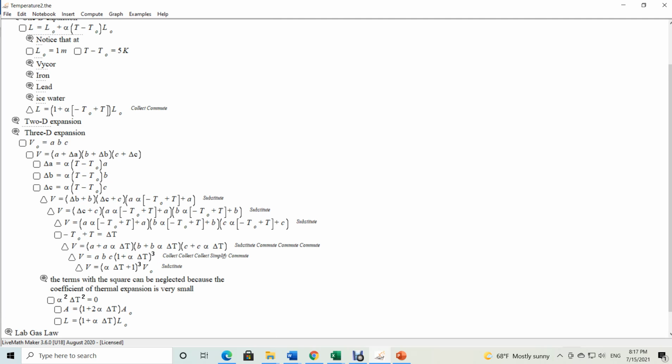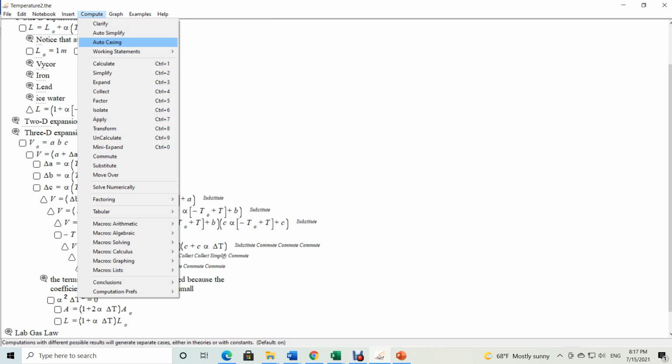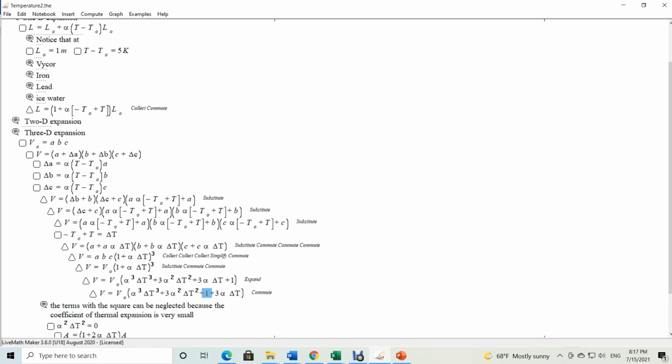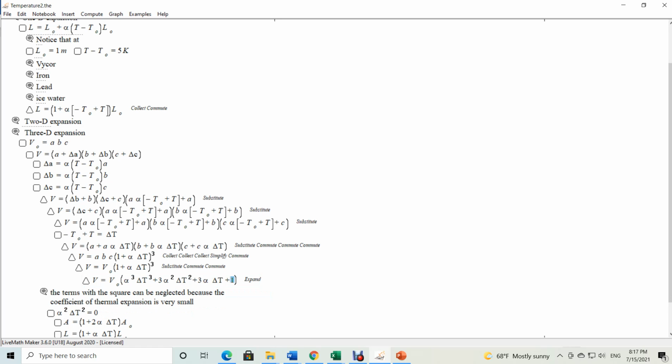Okay. And now we go ahead and expand this term. It's the cube, right? The cube of 1 plus alpha delta t. Let's do it. Expand. You should know how to do that. I'm going to put the number 1 first, the linear term second, the square term third, and the cubic term last.